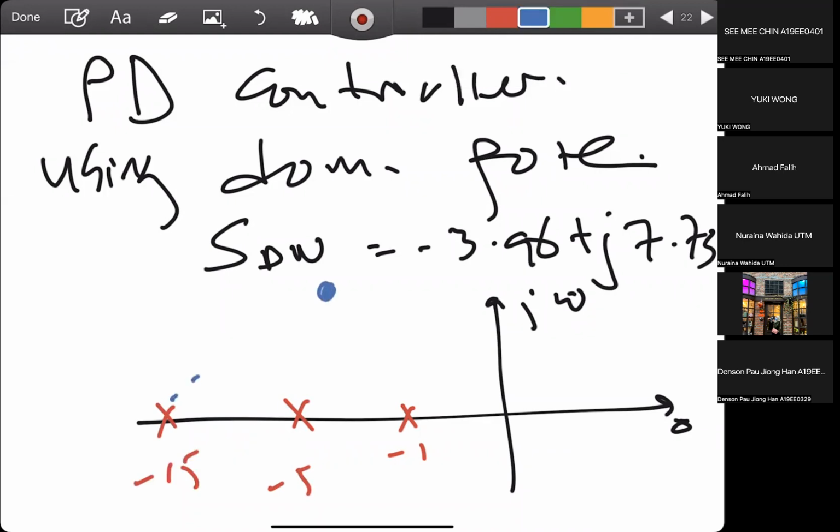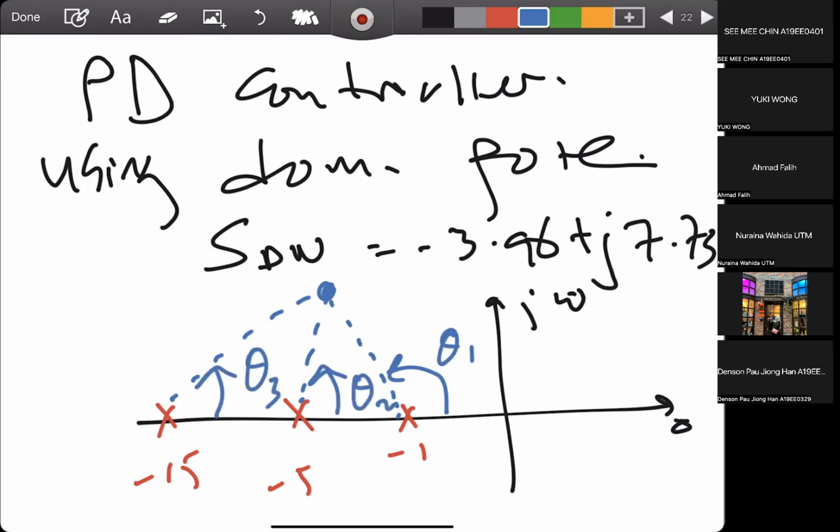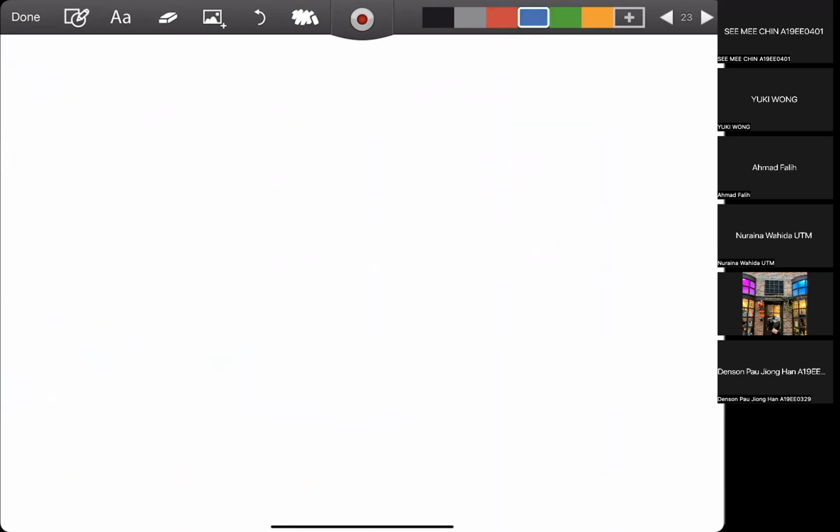Okay, so this is theta 1, theta 2, theta 3. Kena kira sudutnya.